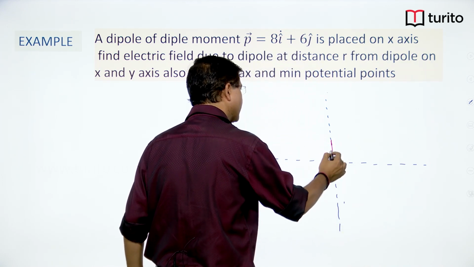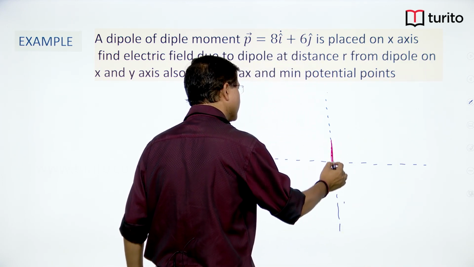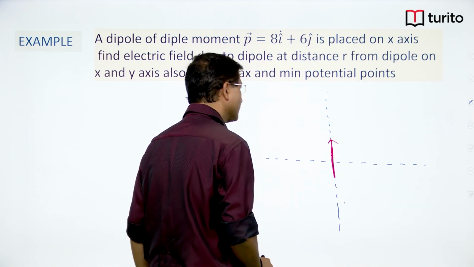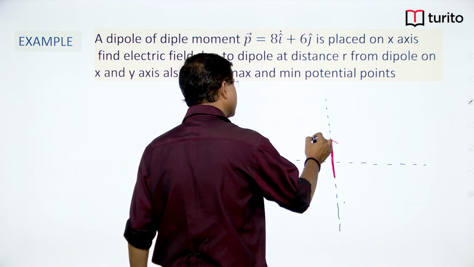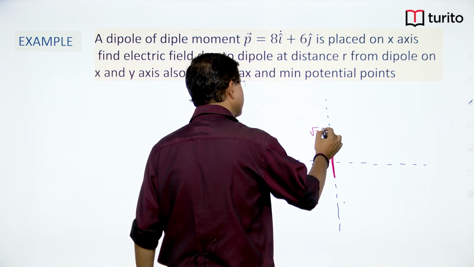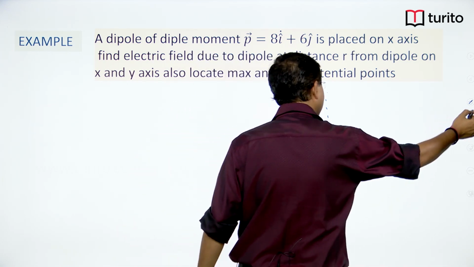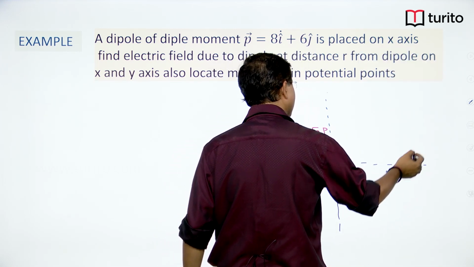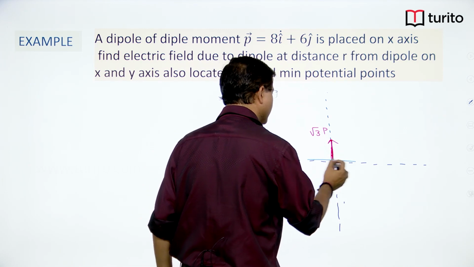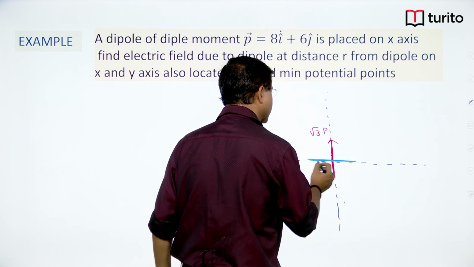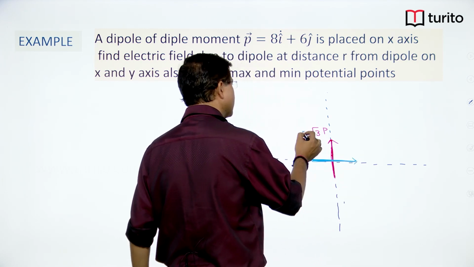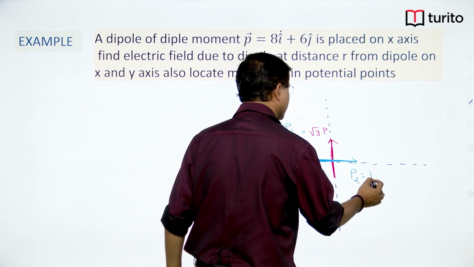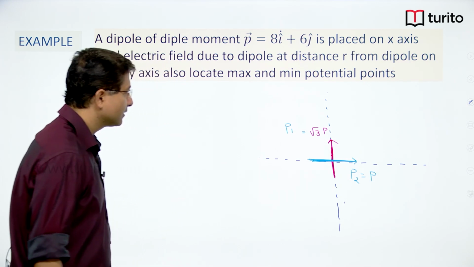So this is one dipole, let us say its dipole moment is √3 times p, and there is another dipole which is placed like this. Let us call it P1 and this is P2, P2 is P, right.